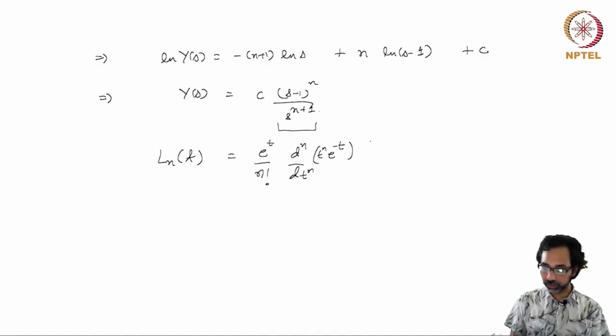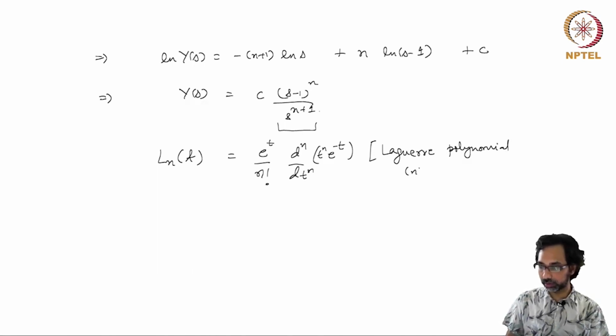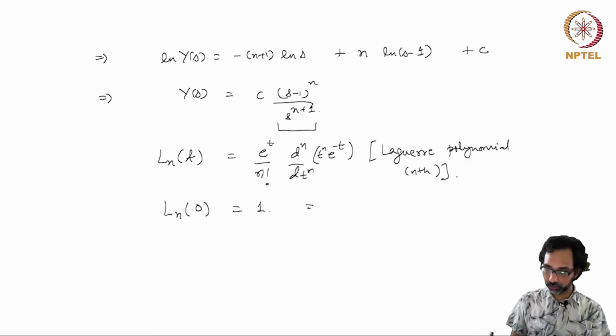So this was our nth Laguerre polynomial. So we can easily compute that the Laguerre polynomial at t equal to 0 is simply 1, and so this implies that c equal to 1 as well.